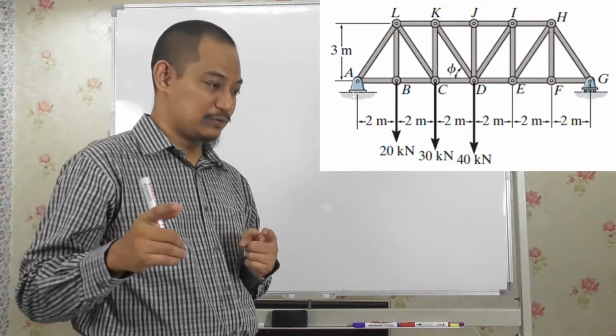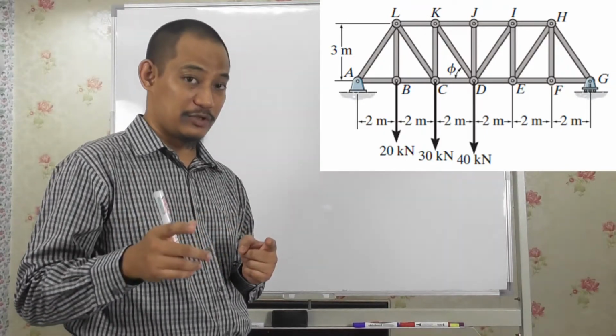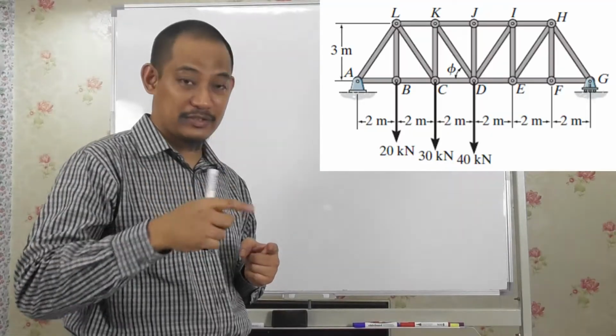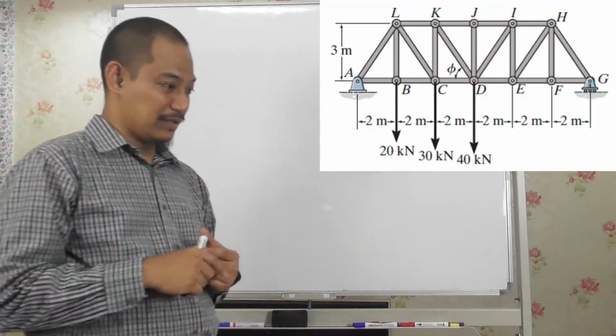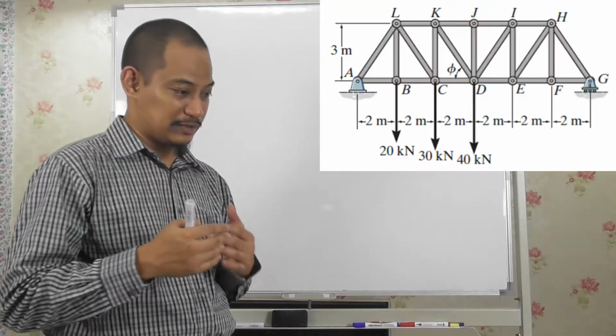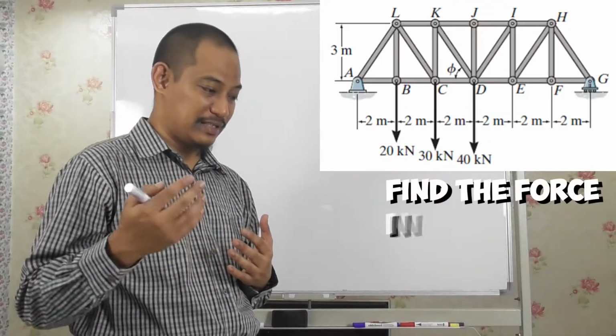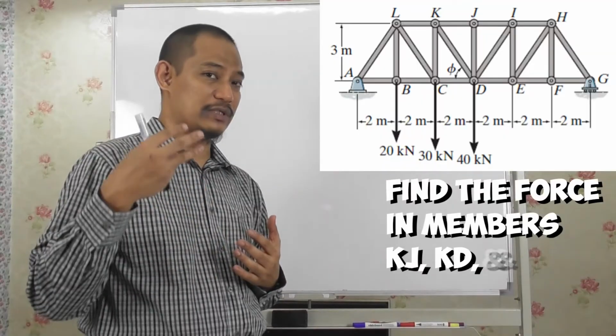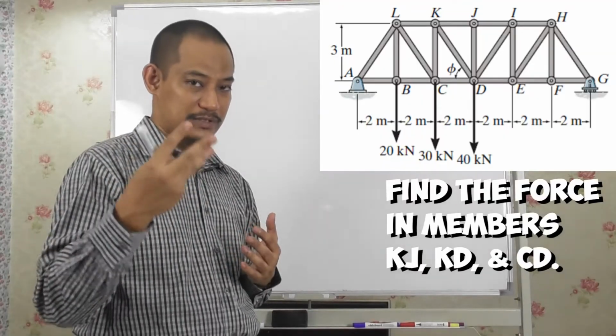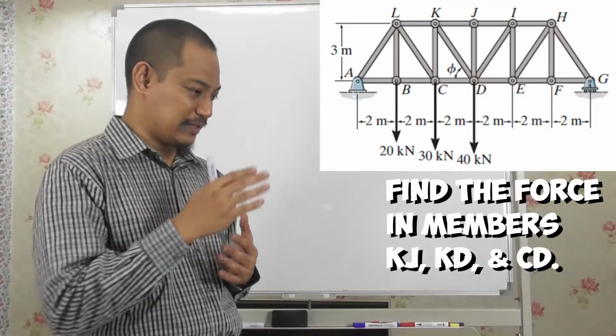So if you want to solve this using the method of joints, it will take a lot of iterations of calculation, right? Especially when the question says find the force in members KJ, KD and CD, the question only bothers about these 3, but they are quite in the middle.